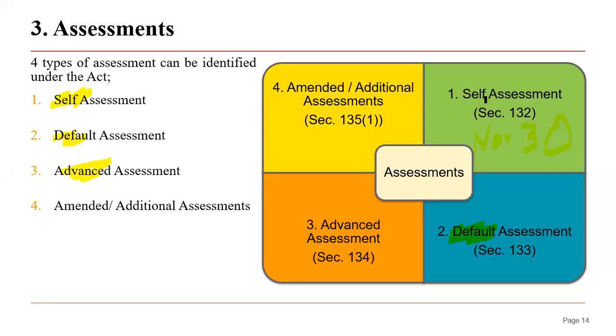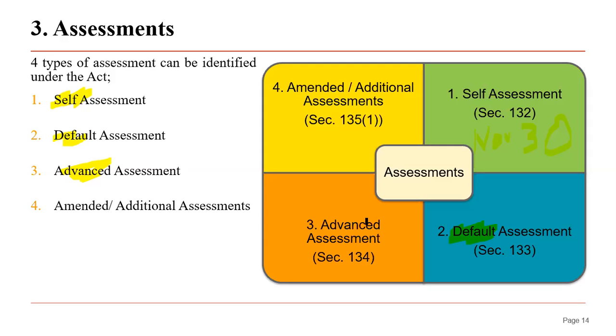What is the advanced assessment? Before you file by November 30th, if the department comes across a situation where they think that you are going to migrate, or if a company is going to some kind of closure, directors, basically it comes from the individual perspective. From the company point of view, definitely they are there. Here, no, but for some project companies that are non-resident, that kind of arrangement is there.